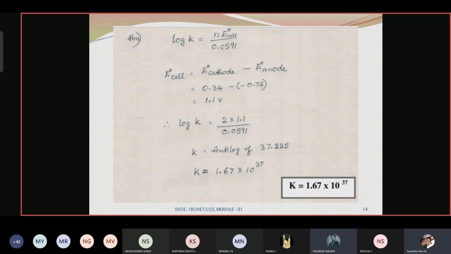Aminul Islam, how much did you get? I'm solving it, ma'am. Fine. Solve and report to me.